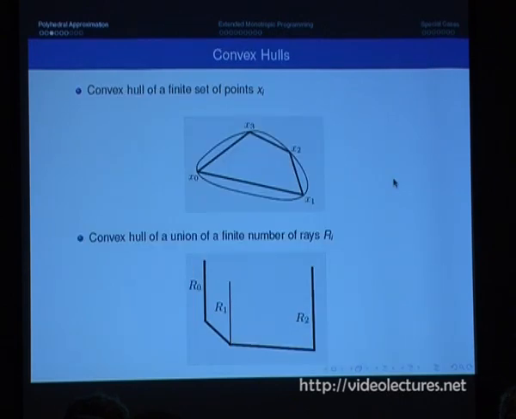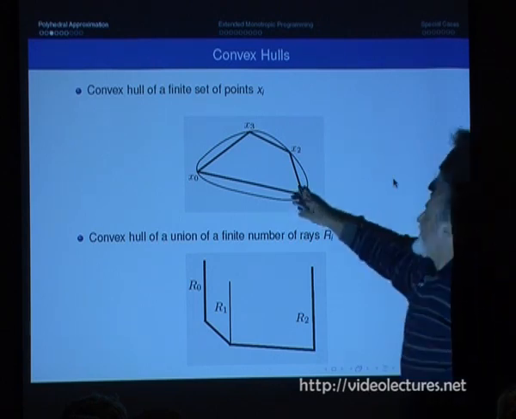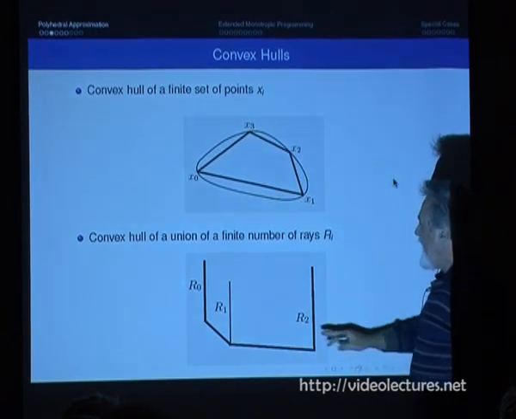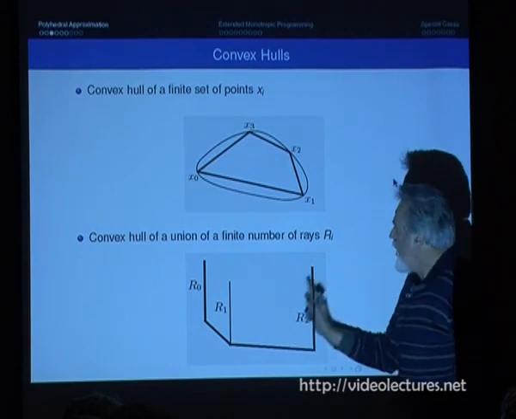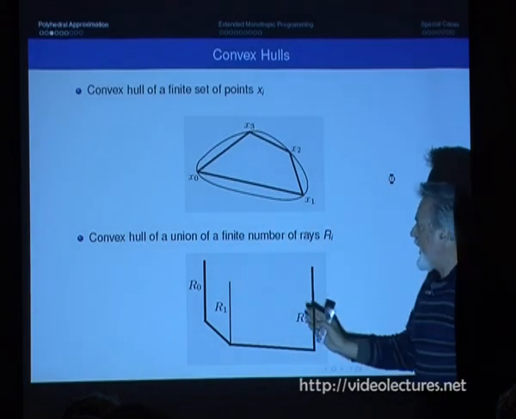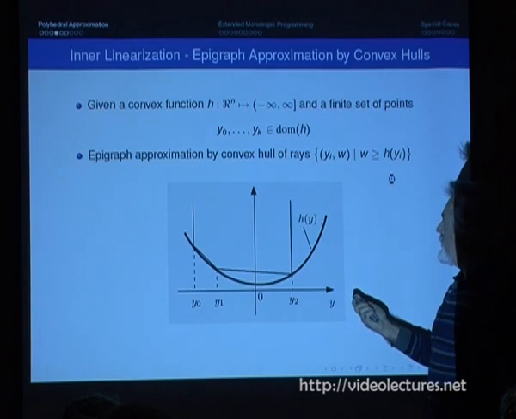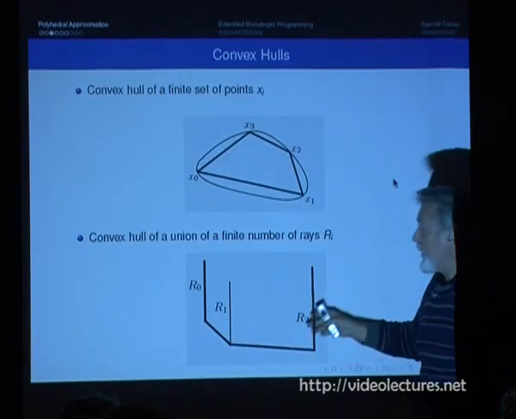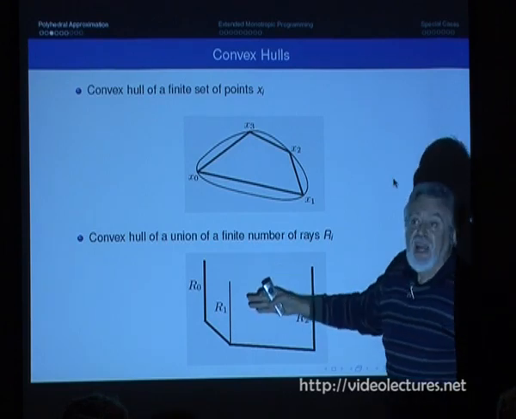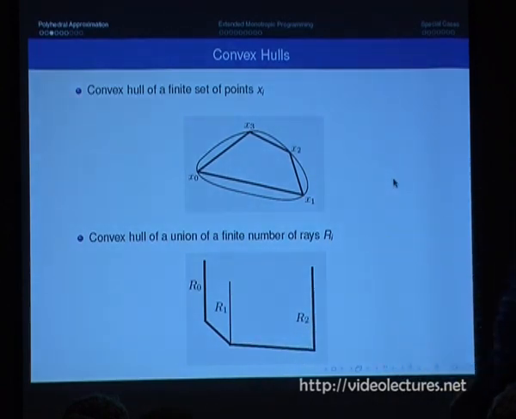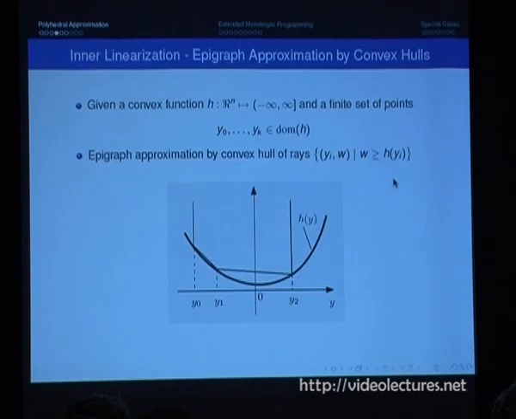Now, outer linearization corresponds to approximation by subgradients. Inner linearization corresponds to approximation by convex hulls. So it's a convex hull of 4 points that inner approximates a set. And more relevantly here, there's a convex hull of rays, upward pointing rays, and the convex hull of the union of those is the epigraph of a polyhedral function which inner approximates a non-polyhedral function.